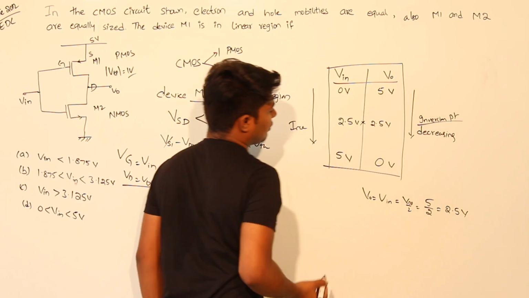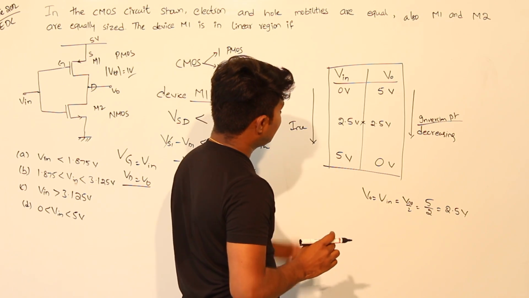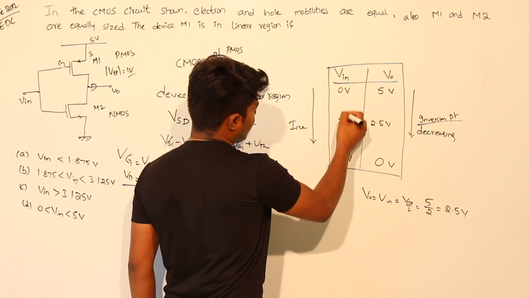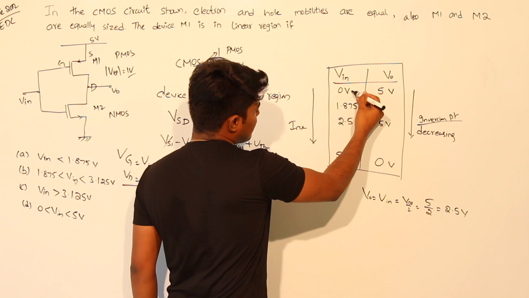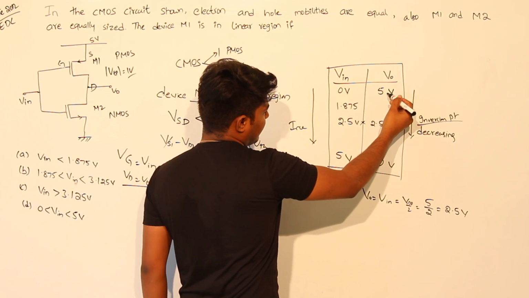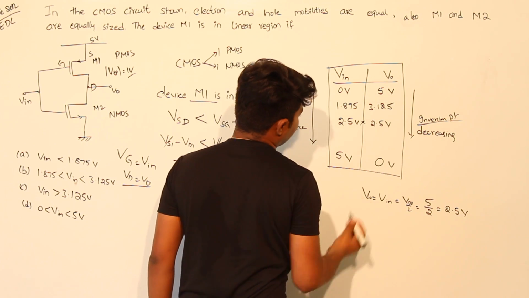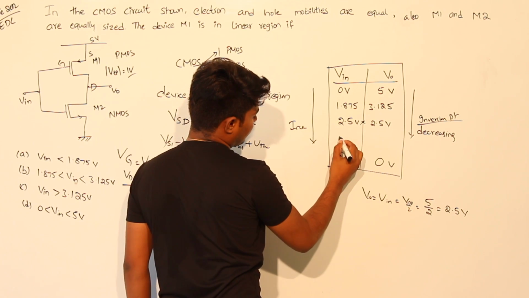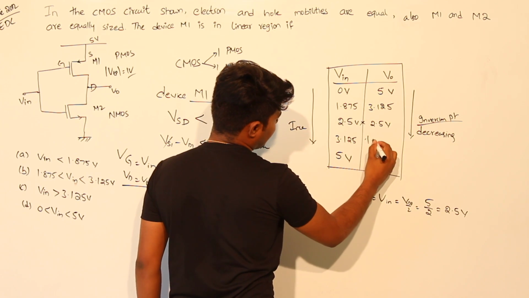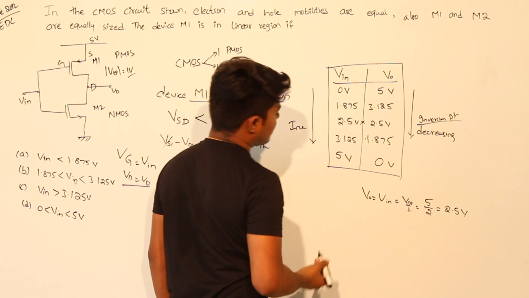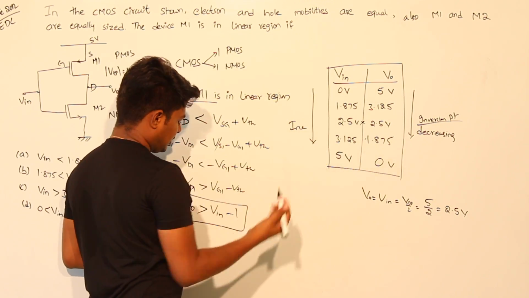Now we take an intermediate value between 0 and 2.5, let us say 1.875. It is increasing from 0 to this much, so output should be decreasing by this much, which will be 3.125. Similarly, between 2.5 and 5, it's 3.125, and the output should decrease by the same amount, to 1.875. Now we will substitute these values into the condition.